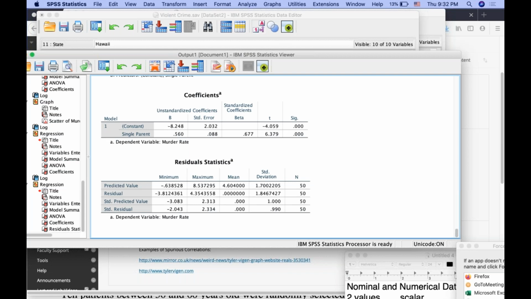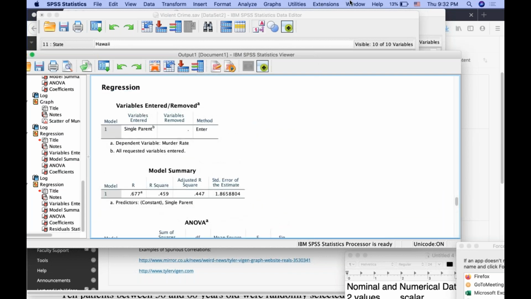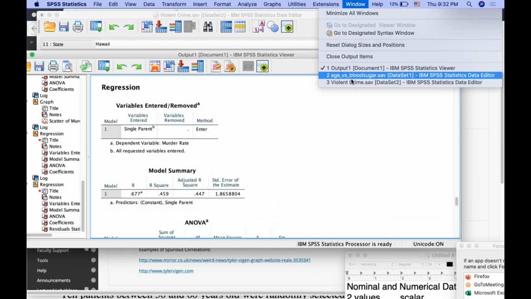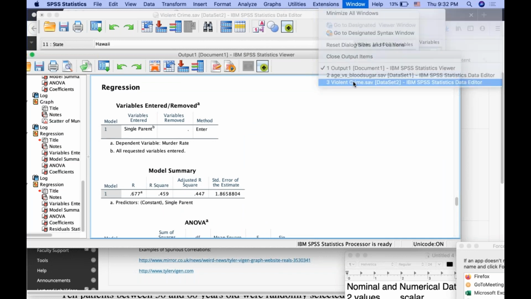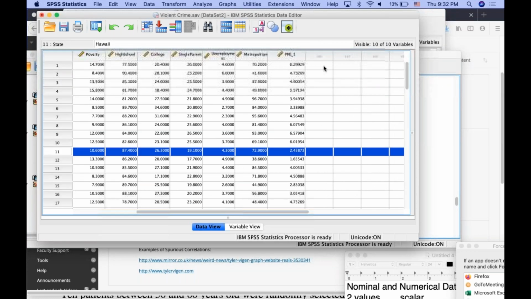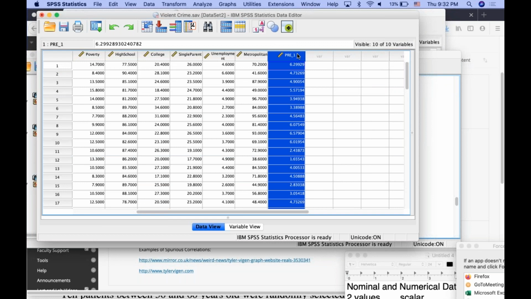Well, not much changed here. However, if you go to the data page, we now have another column, the predicted value.